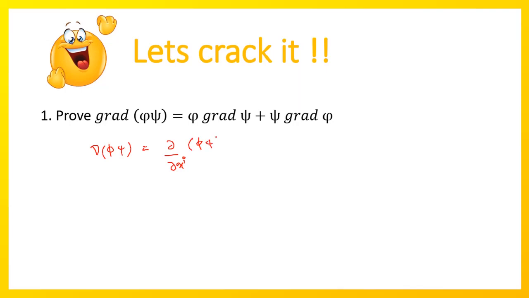So phi psi, using chain rule, we can write that phi dou by dou xi of psi plus psi into dou by dou xi of phi. Therefore, the answer will be phi into gradient of psi plus psi into gradient of phi.